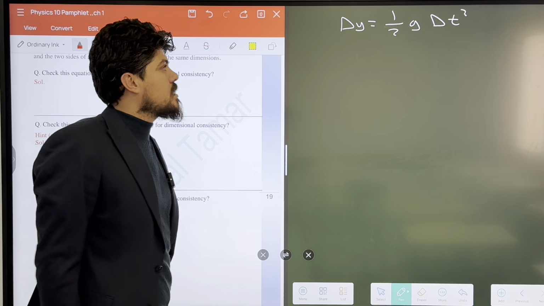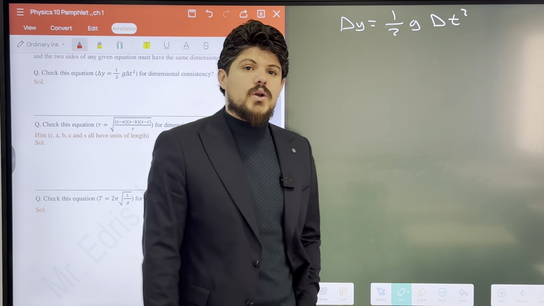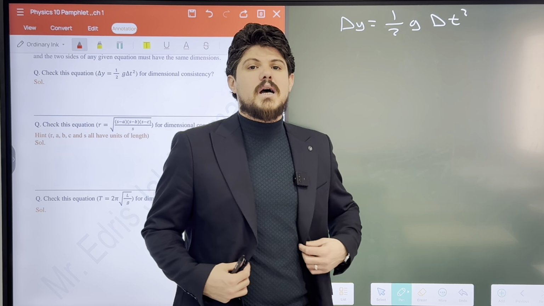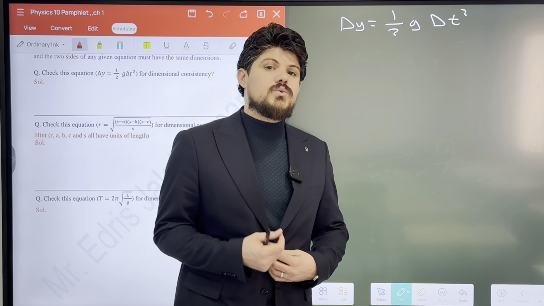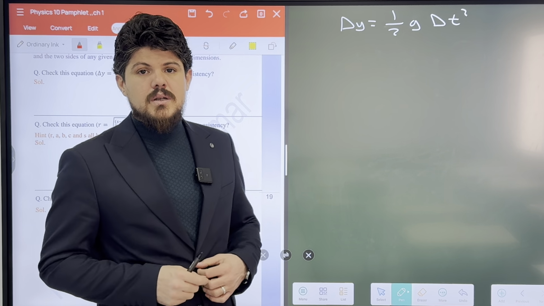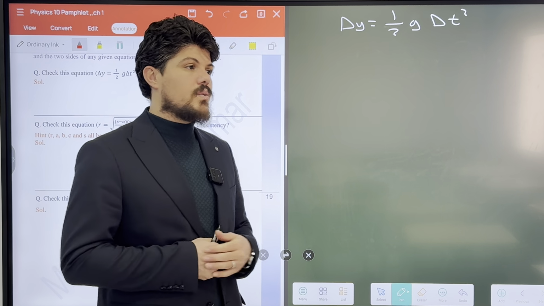Is this equation correct? How can you determine whether the equation is correct or not? We have to analyze this equation. If the two sides of the equation have the same unit or dimension, we can say this equation is correct and consistent.